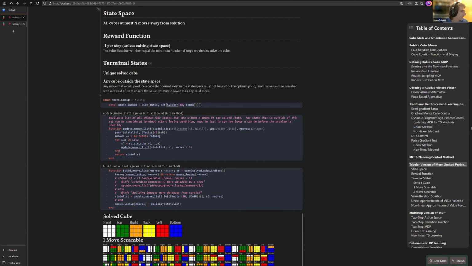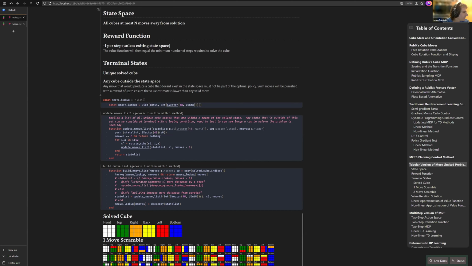And then for the terminal state, we have the solved cube, which will terminate and just have a reward of -1. And then if we ever exit the state space, then we just give this a really bad negative reward. So we terminate and we make sure that that is always penalized enough so that it's never the right option to do that.